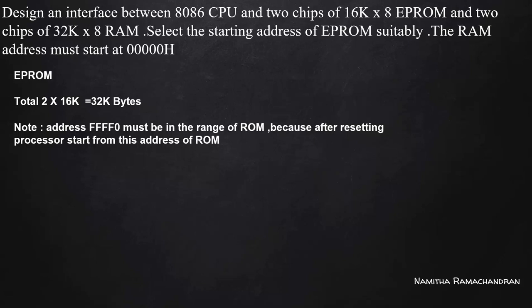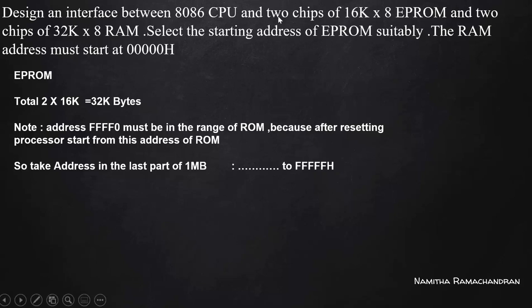Okay, so we can start here from the last part of our 1 MB memory and arrange different address space backward. That is, we can start from the last byte address, FFFFF, which means all 1s, the last byte address of our 1 MB memory.